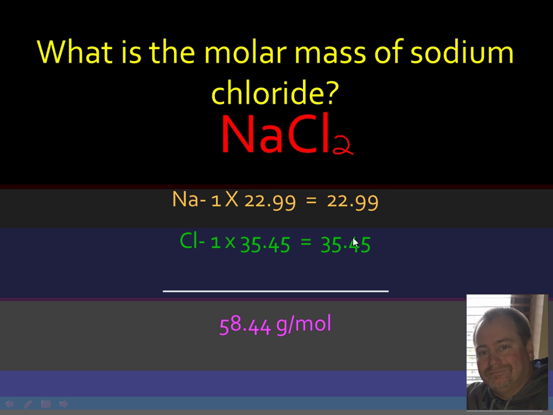If I would have written this wrong, right here, and said there were 2 chlorines, my molar mass down here would be 35.45 grams too much, wouldn't it? Can you see how, if we can't write the formula, we're going to struggle with this stuff? We've got to be able to write formulas, folks.